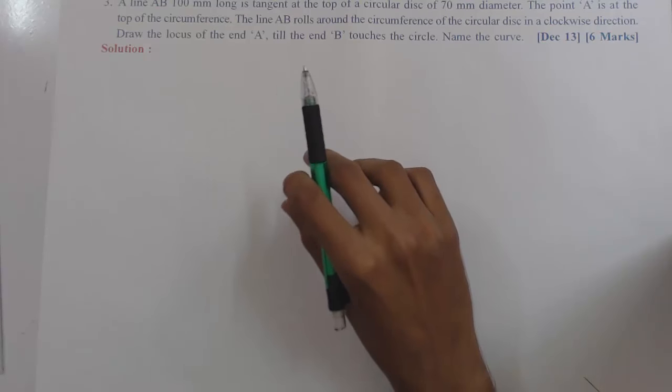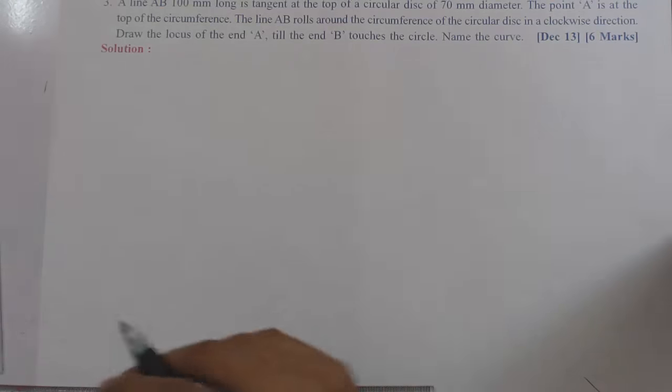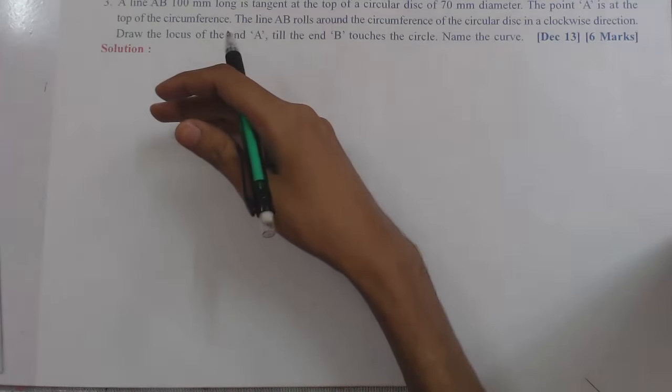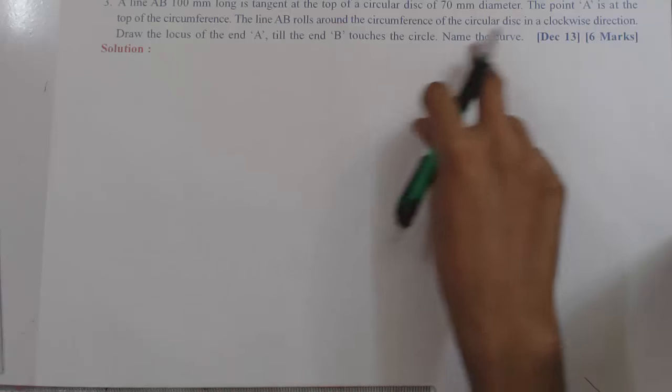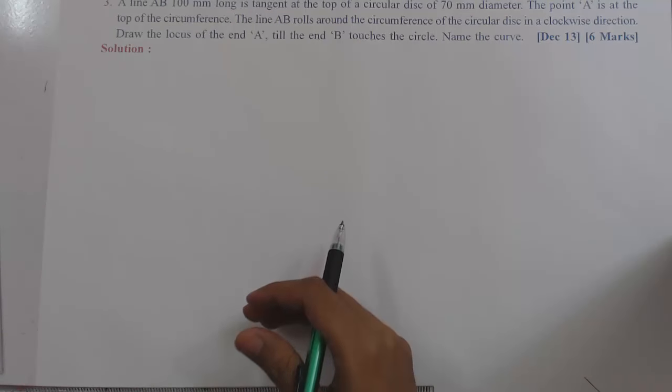First, I need to draw this line of 100 mm long. Now you have to start at the top because that line is going to rotate in clockwise direction, so I need more space at the bottom.